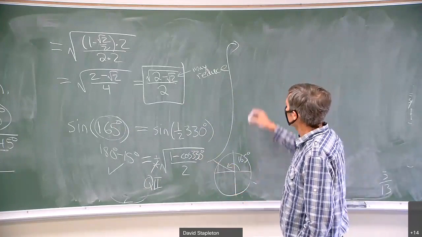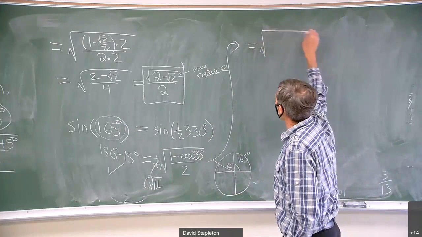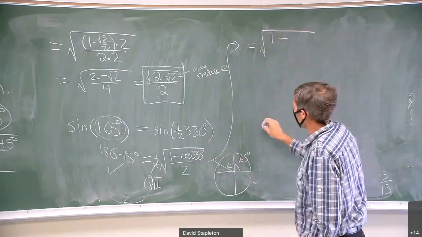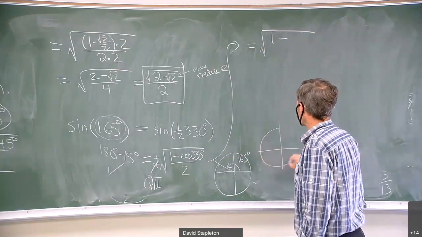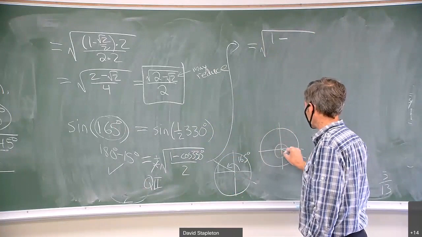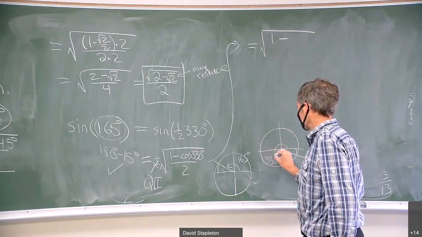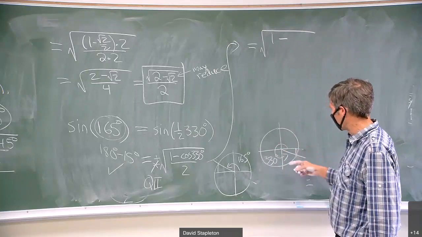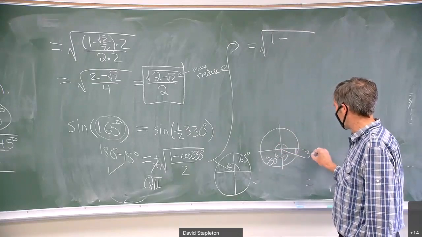All right. So now this is plus the square root of 1 minus cosine 330. Now I want to draw the 330 degree angle and evaluate cosine. Cosine of 330 degrees is the x coordinate when I drop a perpendicular. Well, if that's 330, this is 30.